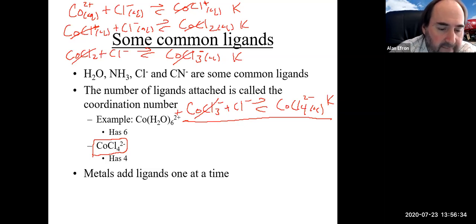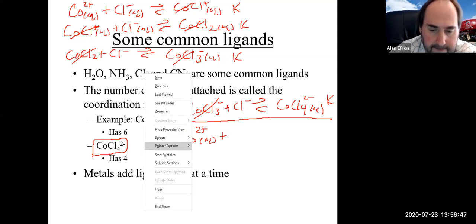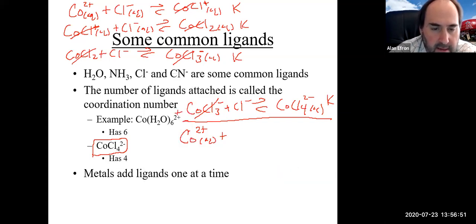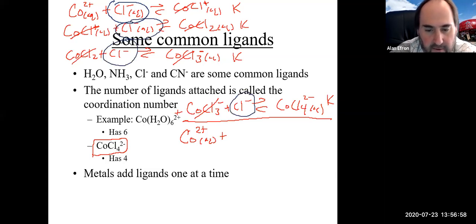And if you add all 4 of those reactions together, you're left with the overall reaction that we think about, which is the cobalt then adds 1, 2, 3, and 4 Cl minuses.